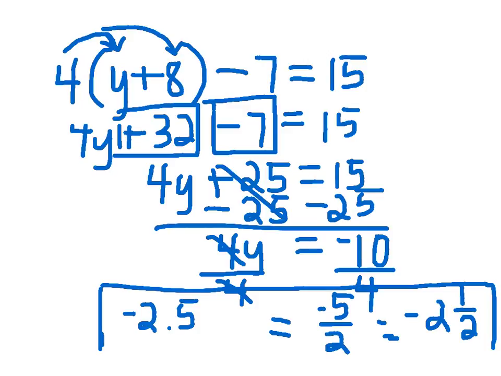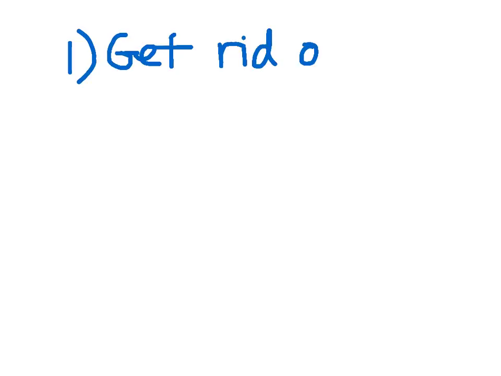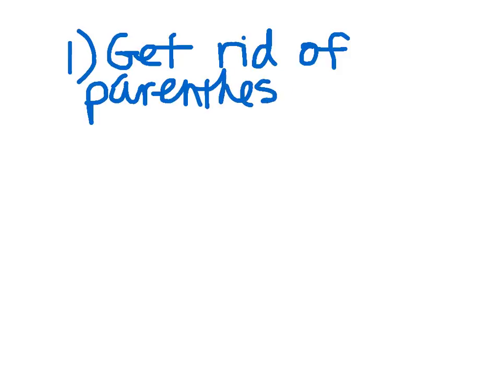I changed my mind. I just condensed these into steps. So the first thing that we want to do is if there are parentheses, get rid of parentheses. That's using the distributive property.